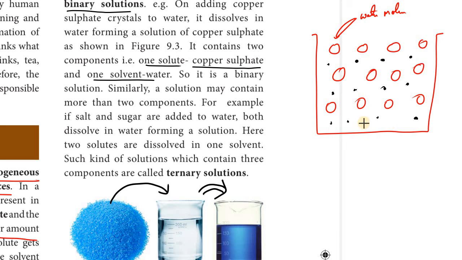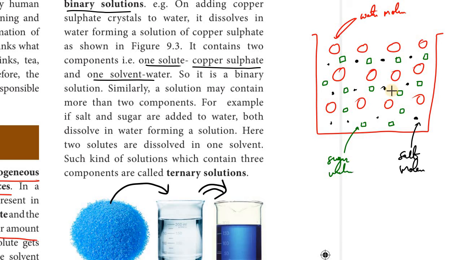And next, let me use a different color, and these are your sugar molecules. So you see, they are both entering the gaps. More or less, they are evenly distributed. So these are basically your sugar molecules. So this is what is happening.